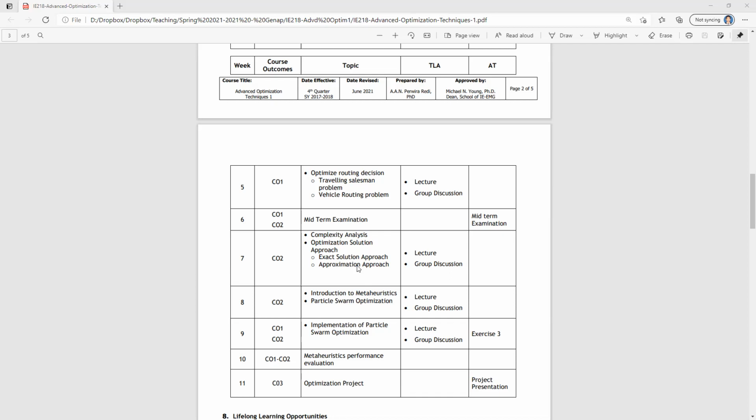It has been reported to be successfully applied in so many optimization problems, and also many other problems outside the topics that we discuss in this course.